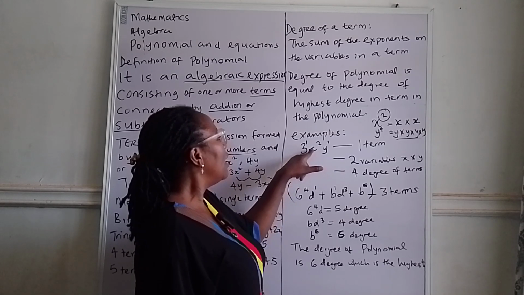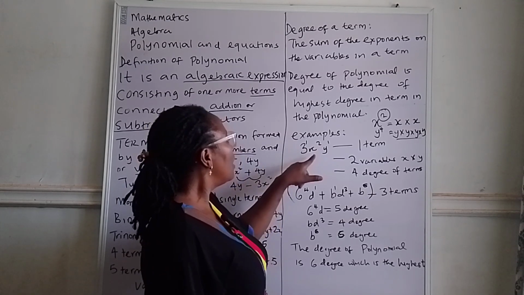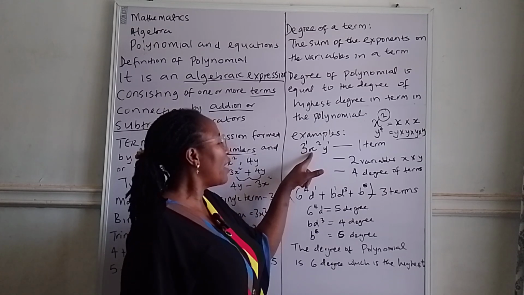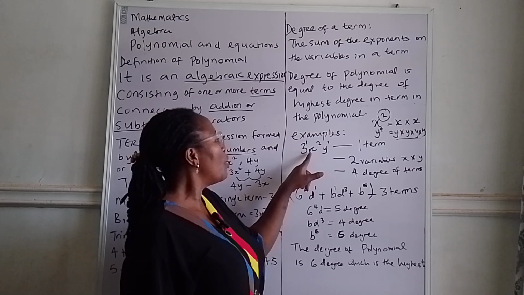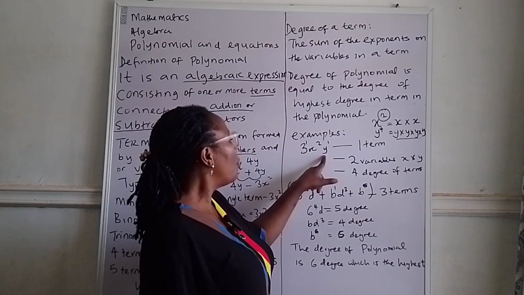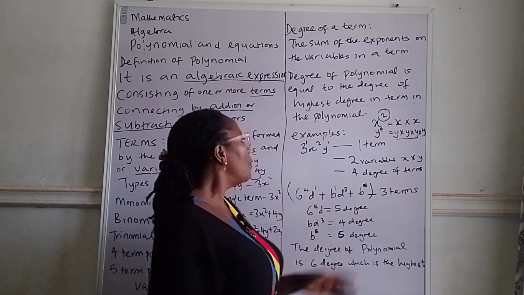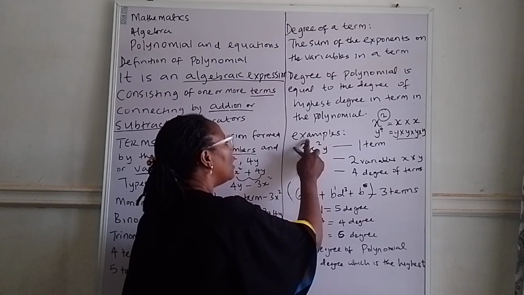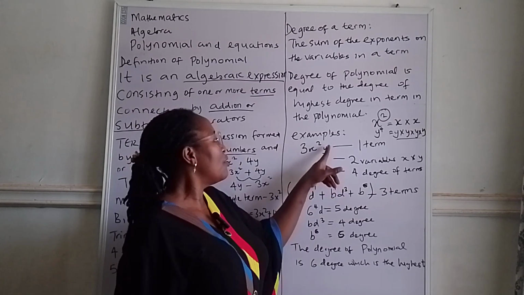How many exponents is the variable x having? It has 2, showing that we multiply x by itself 2 times. How many exponents does y have? It has 1. And we may decide not to show it. Once we do like this, it shows that y is raised to power 1.